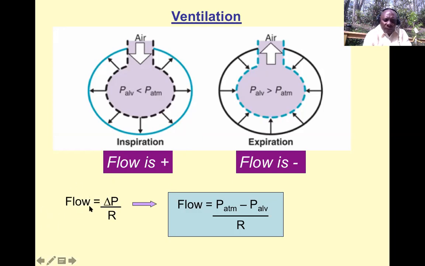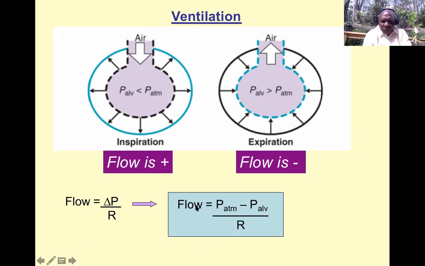So airflow, which we talked about in the blood vessels, it's the same principle. Airflow is equal to delta P divided by resistance. Delta P is the pressure difference, which shows the steepness of the gradient, and R is for resistance.